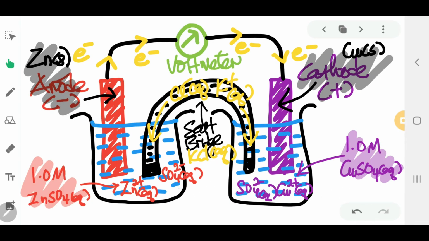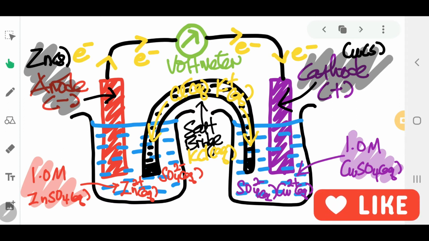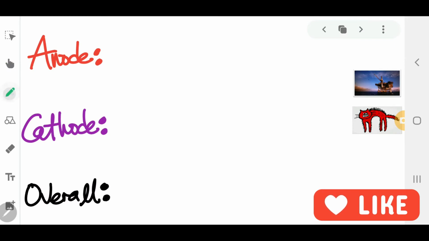Let's go back to the galvanic cell that we have seen just now. Again, on the anode half-cell, on the left-hand side of your screen, we have zinc solid as the electrode, and we have the zinc 2 plus aqueous ion that comes from the 1.0 molar zinc sulfate solution as the electrolyte. So how are you going to write the half-cell for the anode?